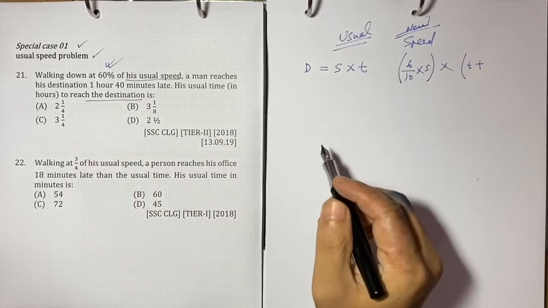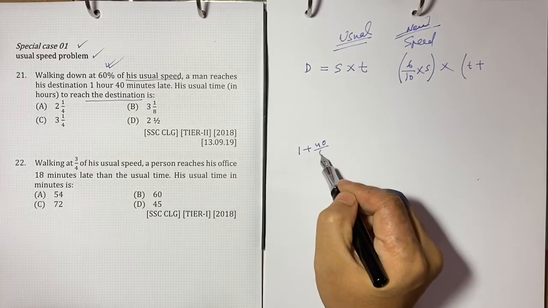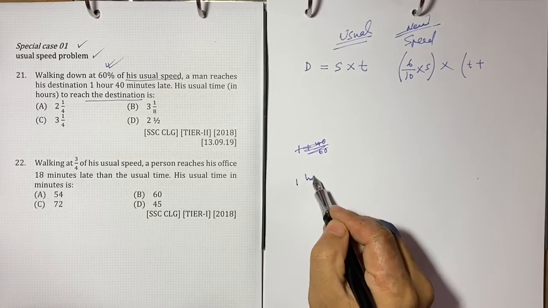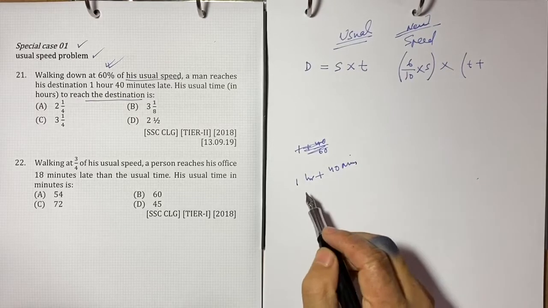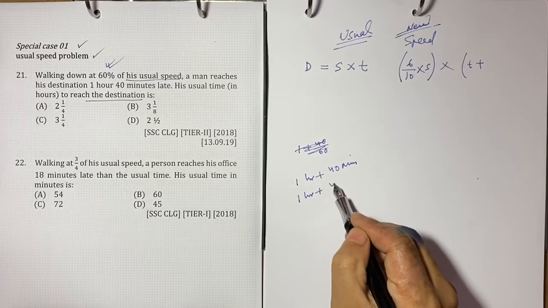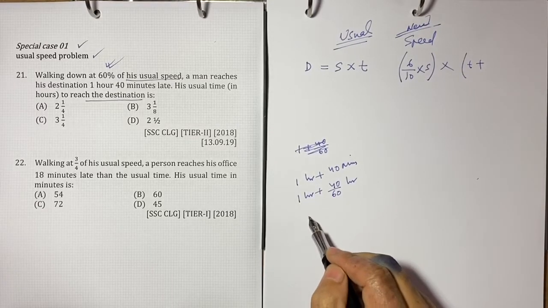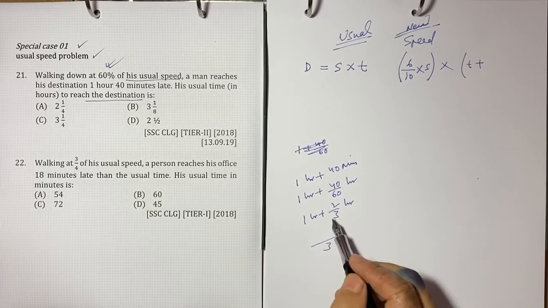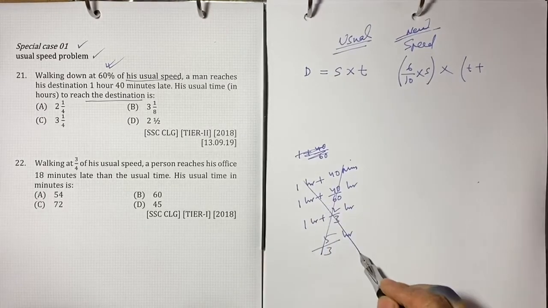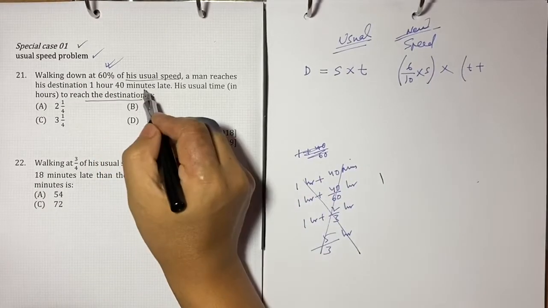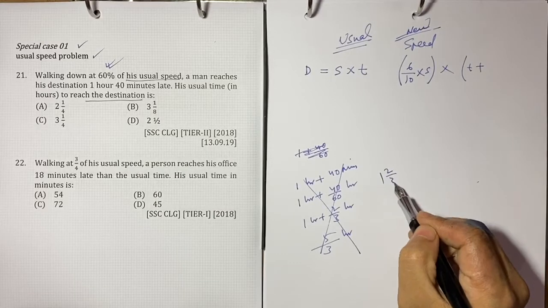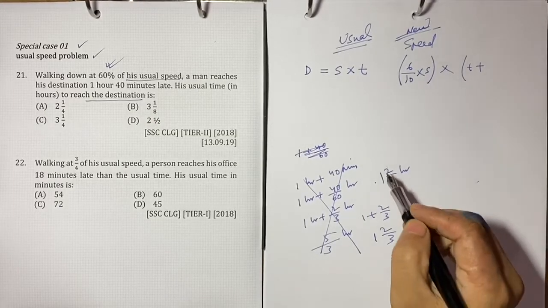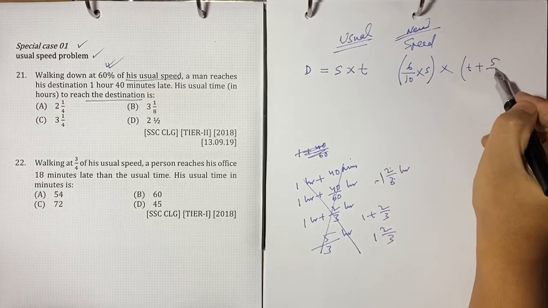Converting, 1 hour plus 40 divided by 60 hour is 1 hour plus 2 by 3 hour. 1 and 2 by 3 hours is the same thing as 3 plus 2, which is 5 by 3 hours.